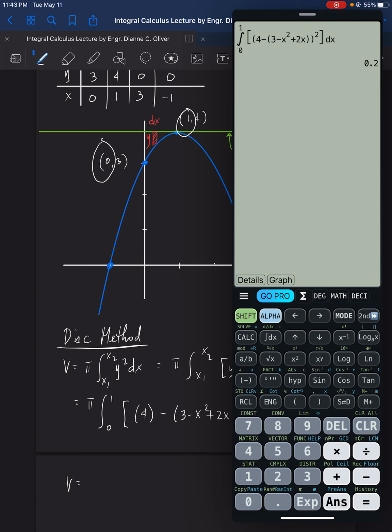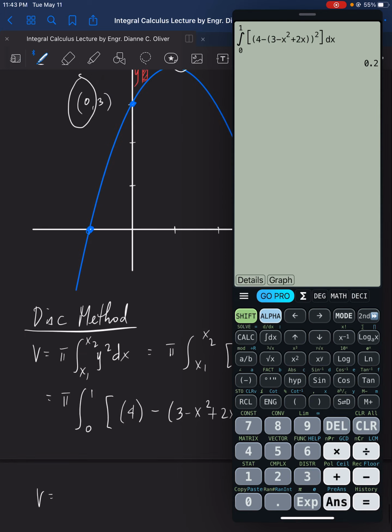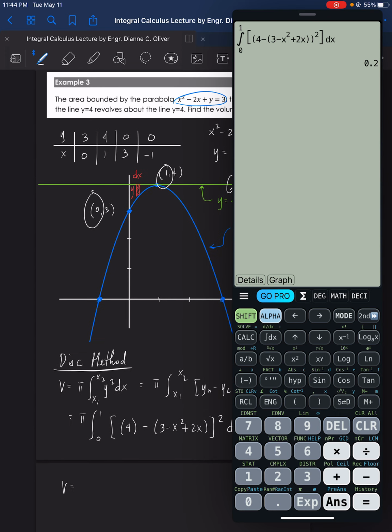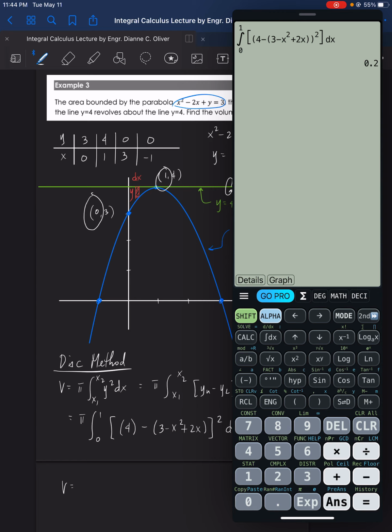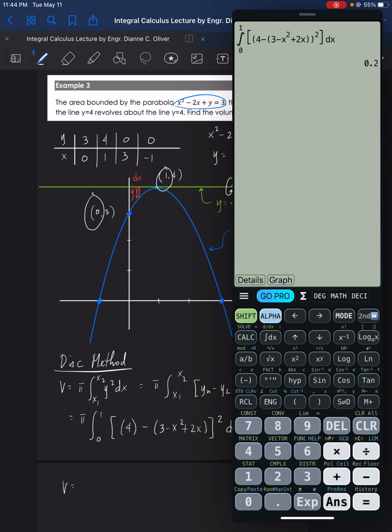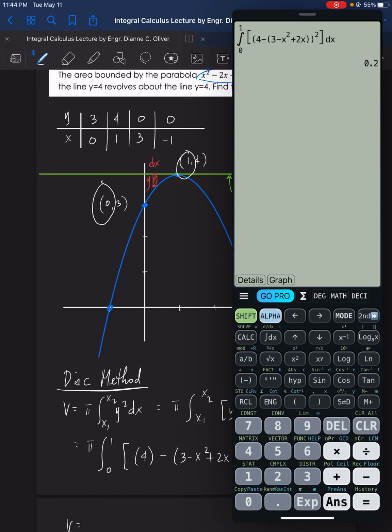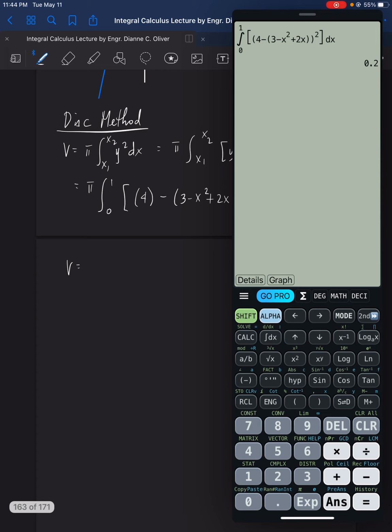So we have 0.2. So volume is 0.2, or that is pi over 5 cubic units.